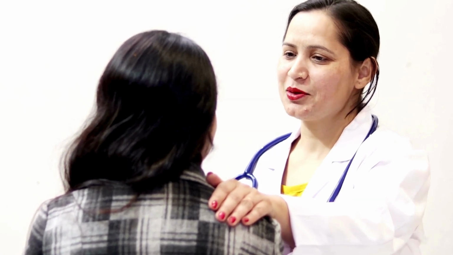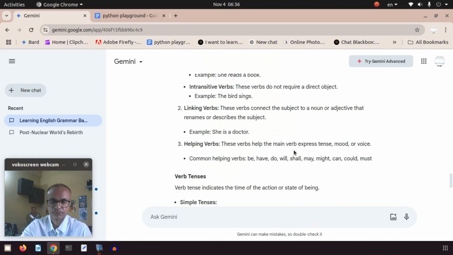And helping verbs help the main verb to express tense, mood, voice, etc. Common helping verbs are the be verbs, that means is, am, are, etc., have verbs, do verbs, will, shall, may, might, can, could, must, would, etc.